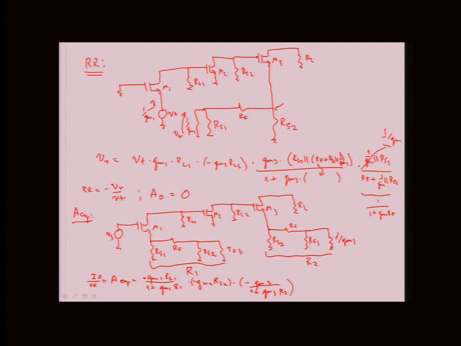Notice that a big part of this expression for AEQ is actually RR, right? We can see it from here. gm2 RL2, gm1 RL1. This whole 1 plus gm R1. R1 is essentially, or actually R2 is RS2 in series with RF, RS1 parallel gm1.